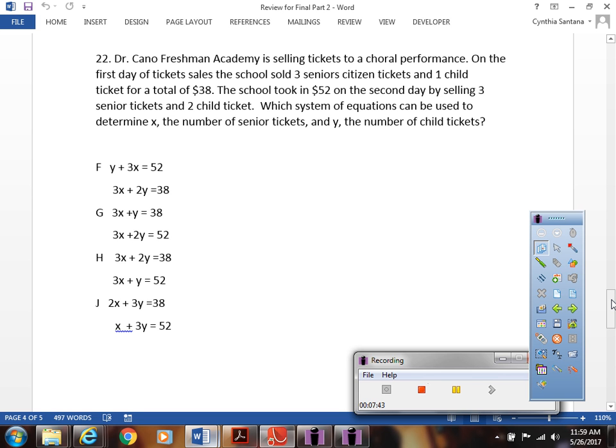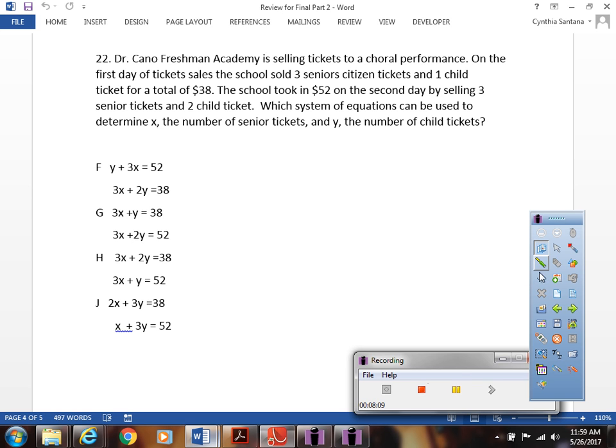Read the problem for us. Dr. Cano Freshman Academy is selling tickets to a choral performance. On the first day of ticket sales, the school sold 3 senior citizen tickets and 1 child ticket for a total of $38. The school took in $52 on the second day by selling 3 senior tickets and 2 child tickets.